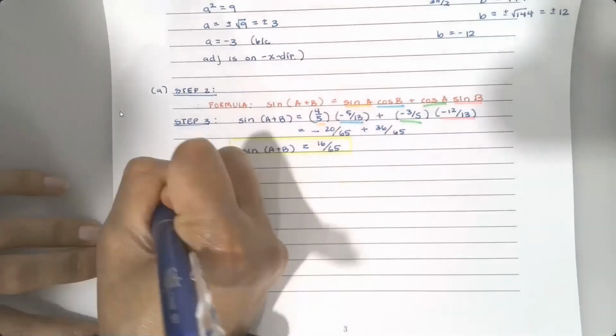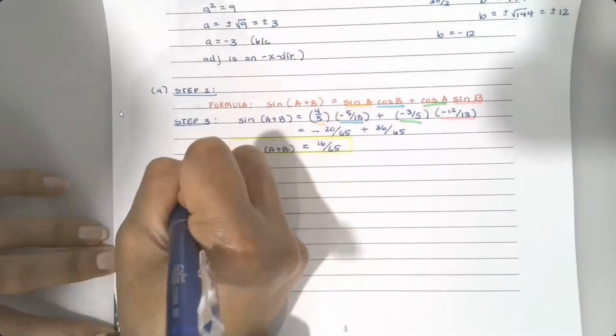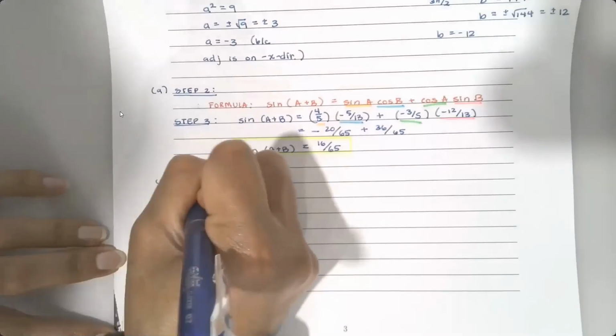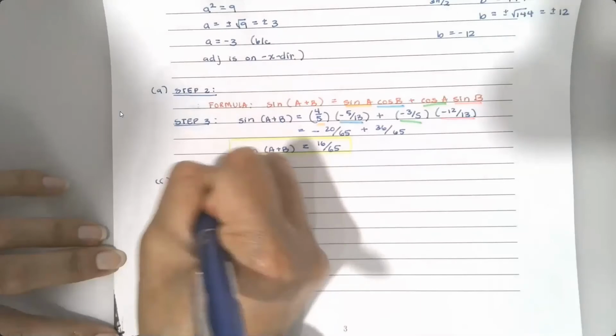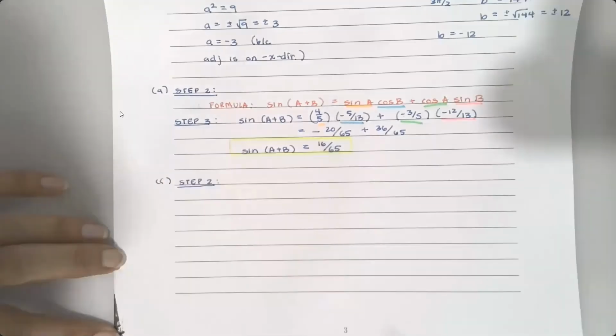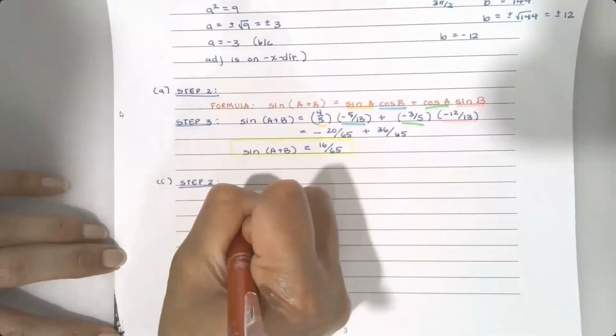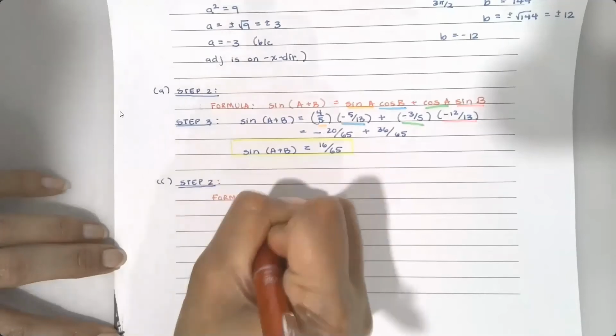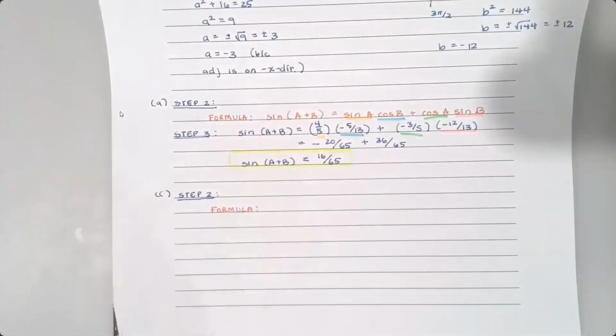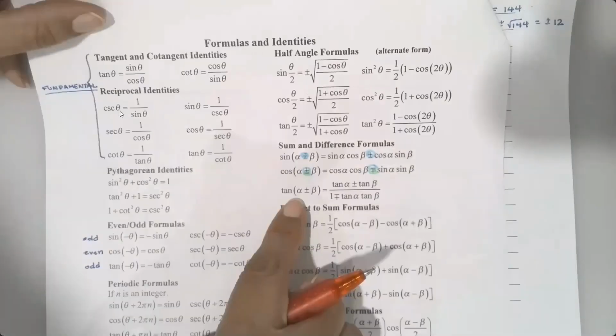Right. The next part, as I mentioned earlier, we're going to compute tangent of A plus B first. So now we want a formula that involves tangent of A plus B. So we can go back to the sum and difference formula, and there is one that reads precisely that.